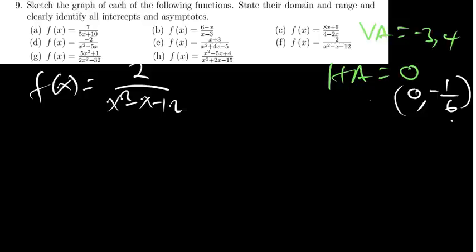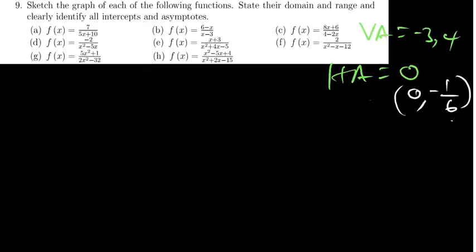So let's see. Now we don't have an x-intercept, and the graph is not supposed to cross x because we don't have an x-intercept. We only have the y-intercept. So here is my graph.